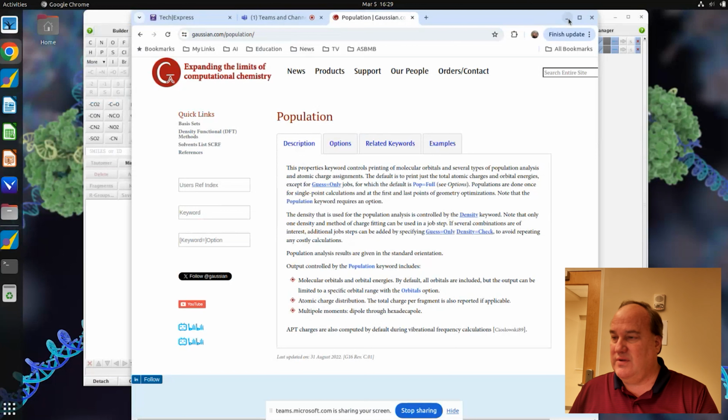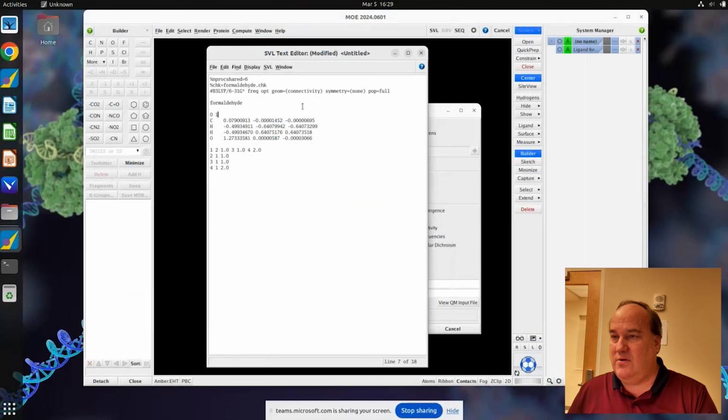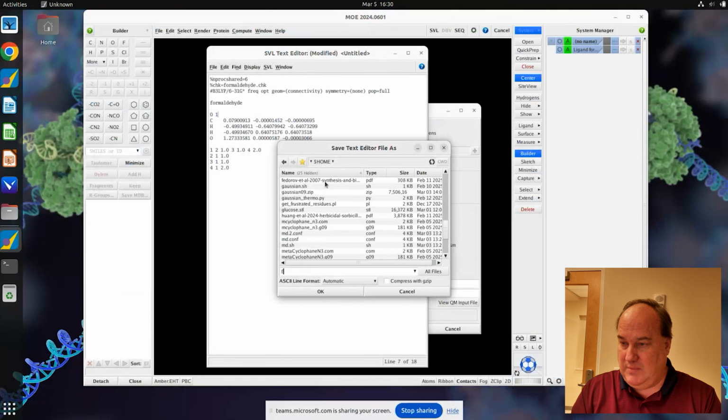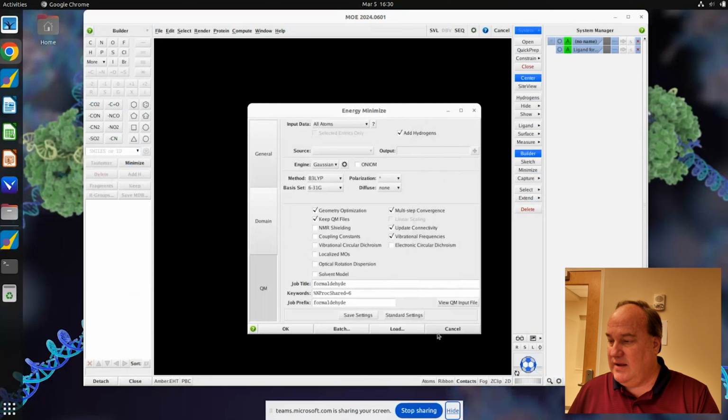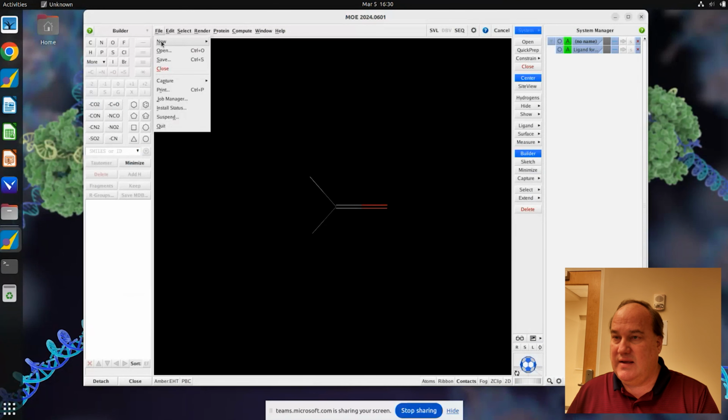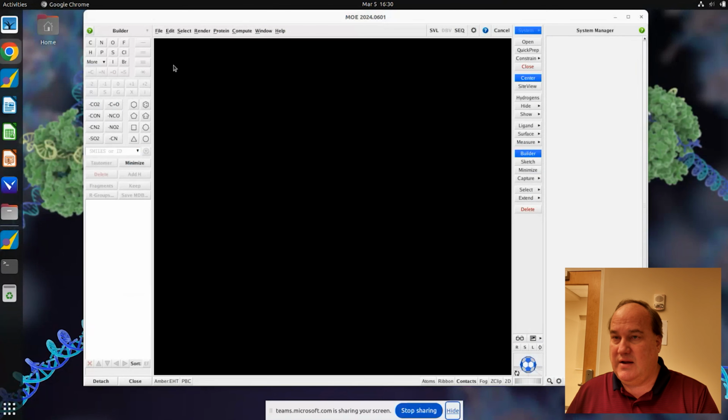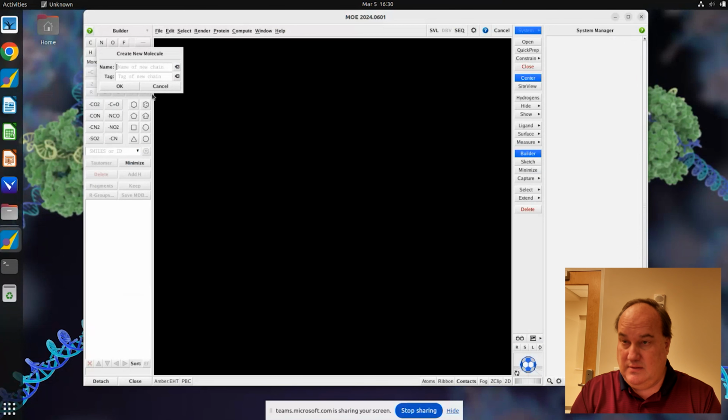So that's why we're using the pop equals full keyword. So we're going to save this as formaldehyde.com. And so that's my formaldehyde. Now I'm going to go in and do my hydroxylamine.